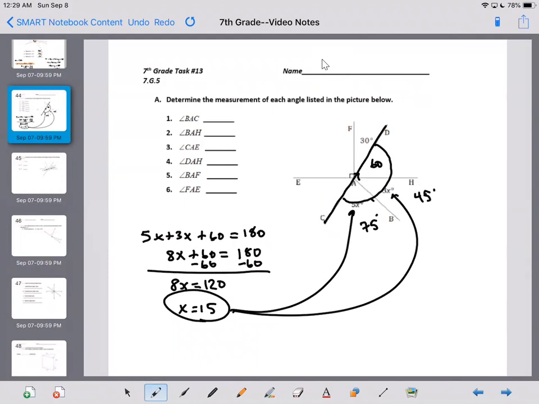And so we can kind of fill in the rest. We know the vertical angles, that would be 60. And then we can continue to figure out, well, BAC would be 75 degrees. BAH would be 45. CAE would be 60. DAH would be 60. BAF would be 135.